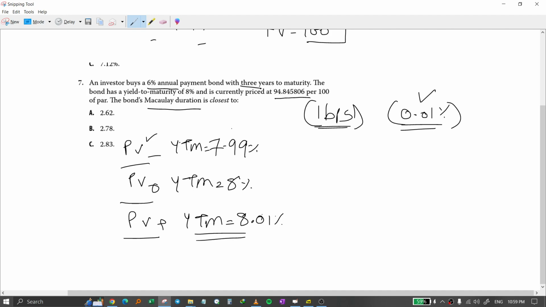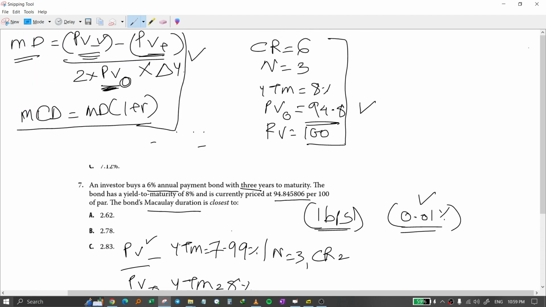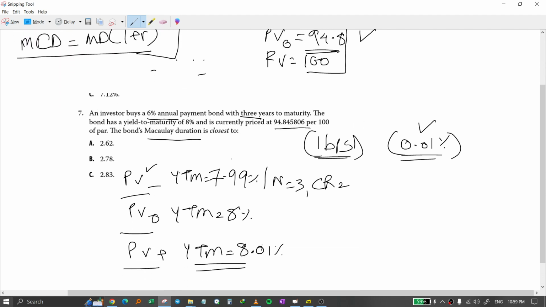8.01%. Right. Again, in our financial calculator, we're going to put N as 3, and we're going to put coupon rate as what it was above, 6, FV is 100.